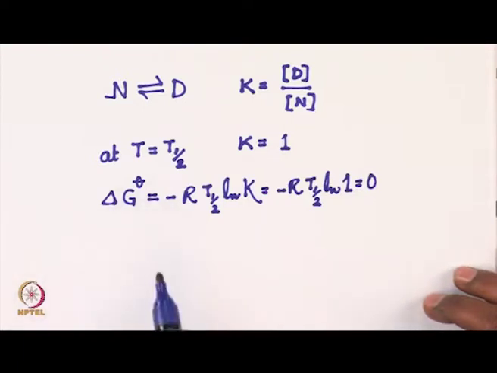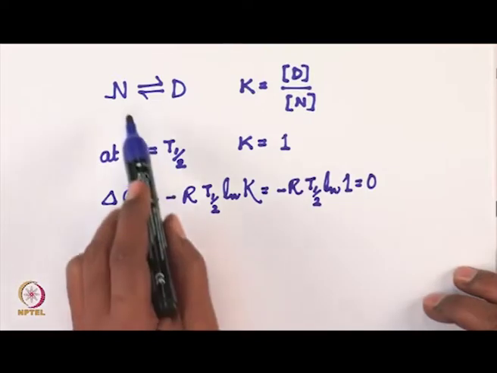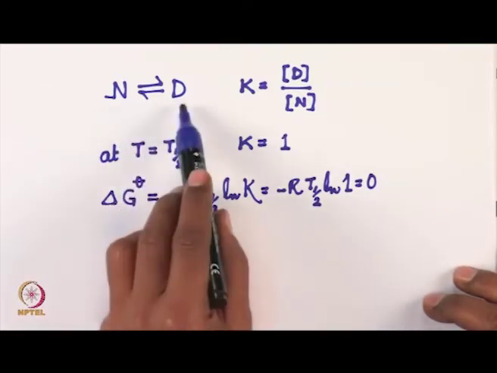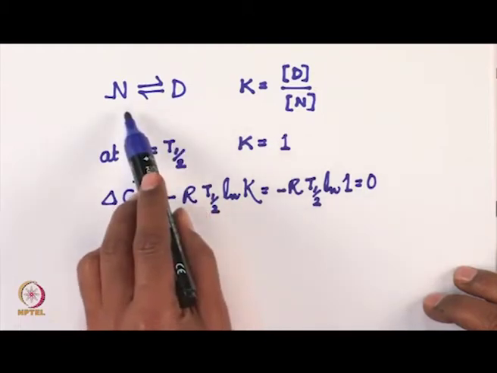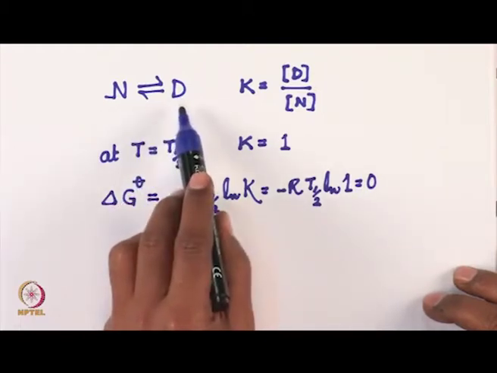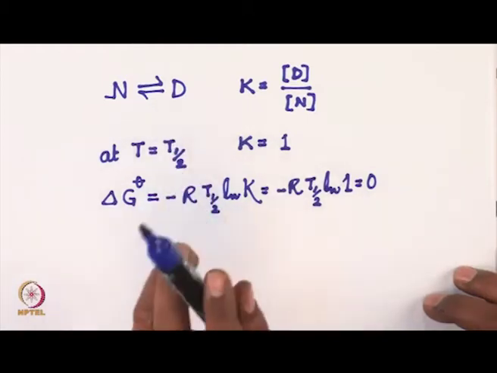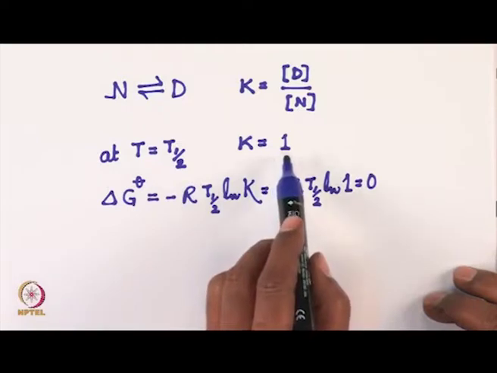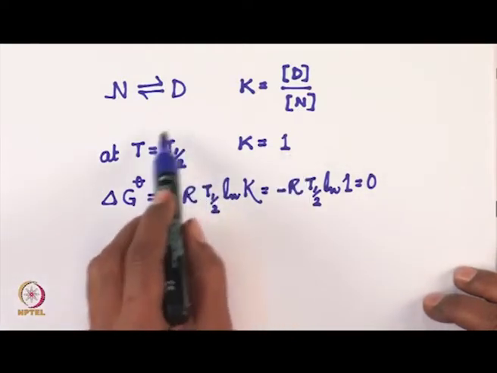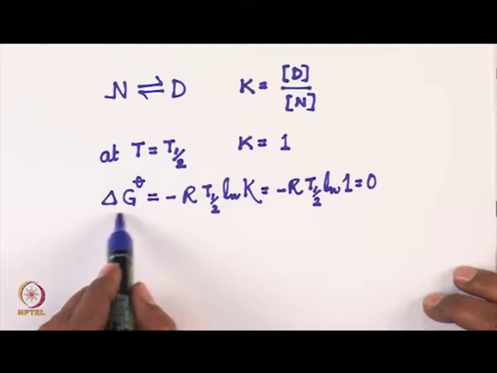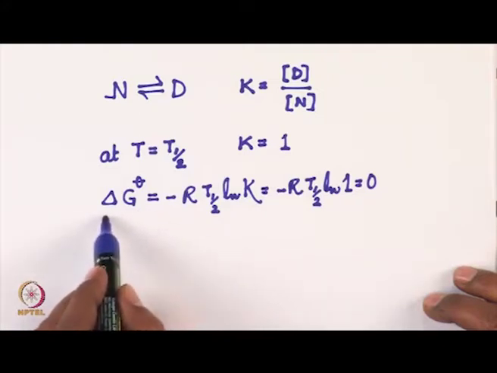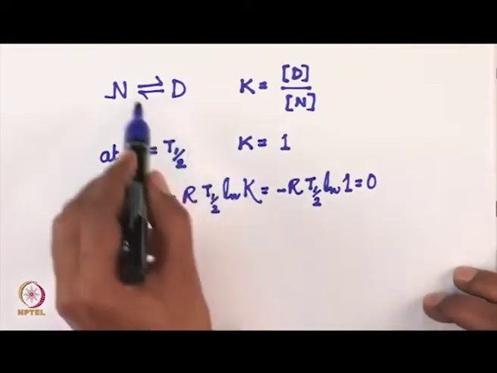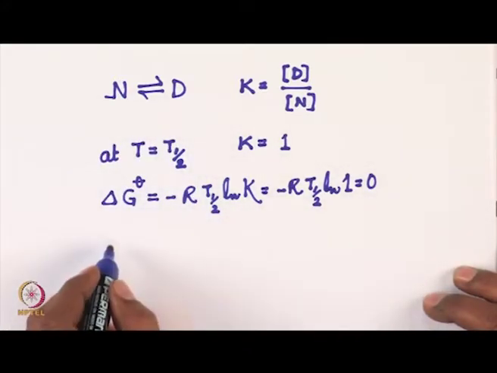So we must keep in mind that when the transition is two state, means either native state is populated or denatured state is significantly populated and there are no intermediate states, and when the reaction is half complete, K is equal to 1, that means at the transition temperature, the standard reaction Gibbs energy change is 0, but only for two-state process.